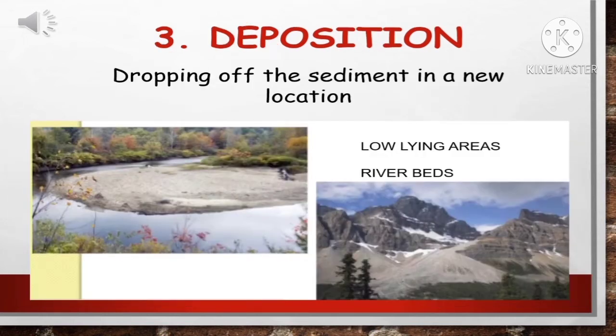The next step in the lithification process is deposition. So in this process, the sediments will be deposited to another location or in a new place. So usually, due to gravitational action, the sediments will be deposited to low-lying areas such as the river beds and streams.